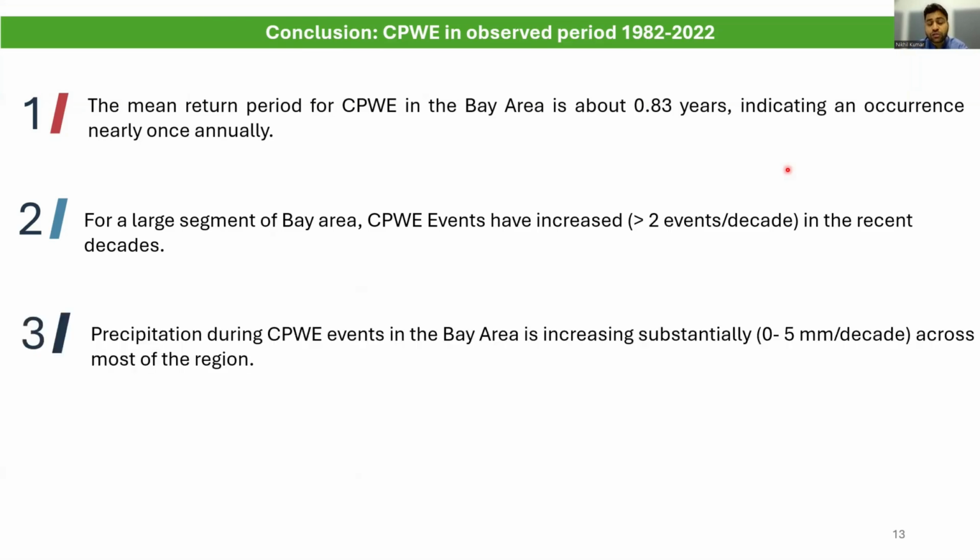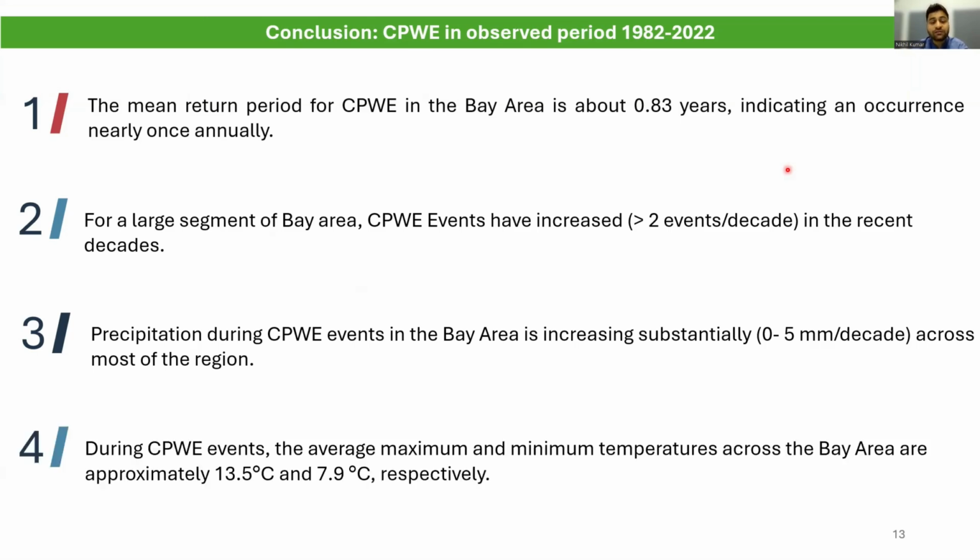And precipitation during these events in the Bay Area is increasing substantially with the rate of 0 to 5 per decade across most of the region. And during these events, the maximum average and minimum temperature across the Bay Area are 13.5 degrees Celsius and 7.9 degrees Celsius, respectively.